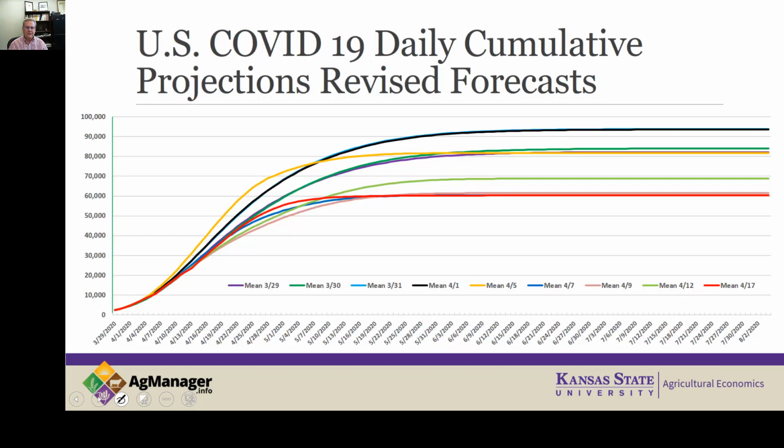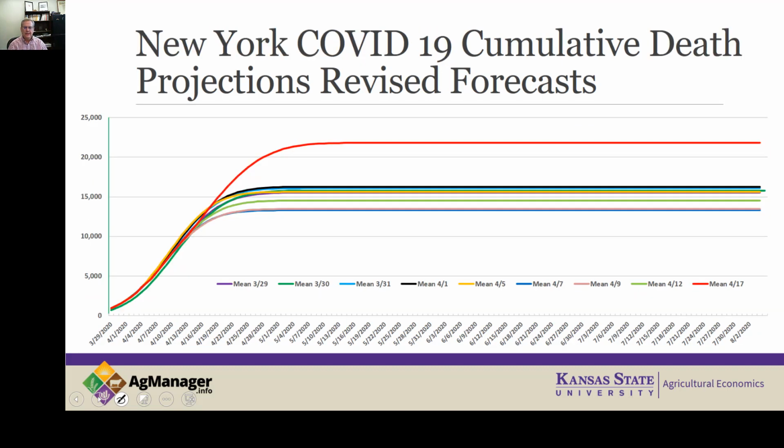Looking at the other states, you have the U.S., again from the purple line to the red line is kind of the adjustment from the original model to where we are now. Again, New York is a little bit different case in terms of essentially we were pretty close in that 12,500 to 15,000 range.